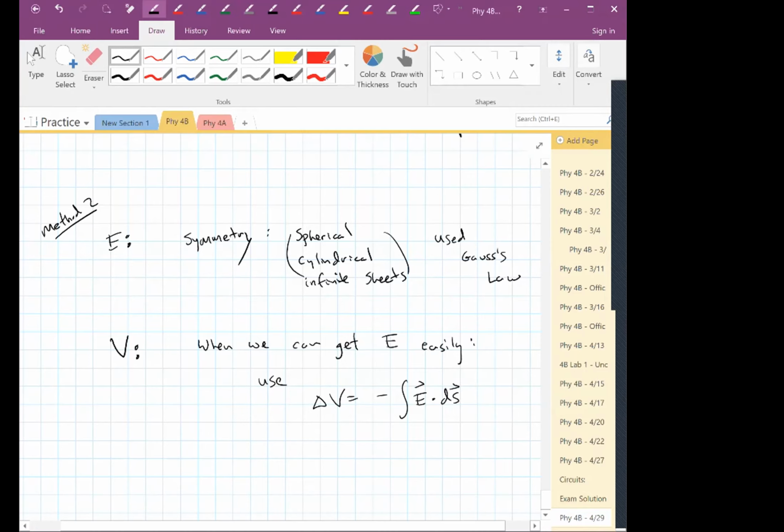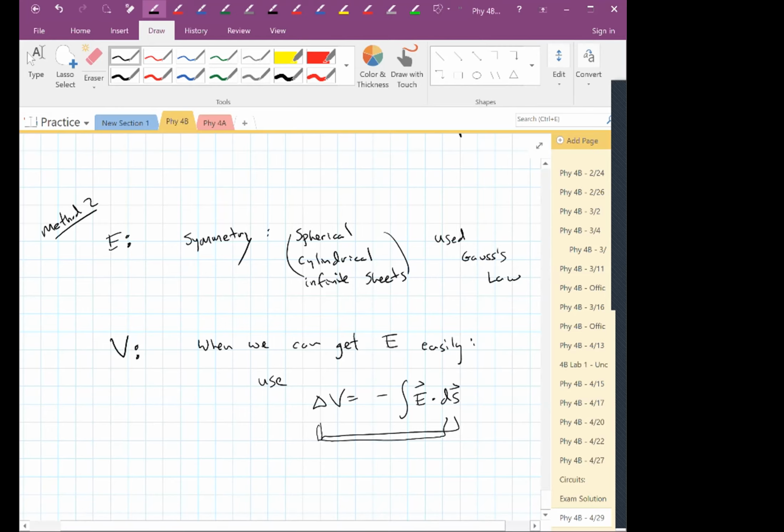This equation gives us delta V, not V. This equation does not assume V is 0 anywhere. So if you're given this technique, usually so that everybody in the class has the same answer, I would tell you where to take V equals 0. Otherwise, as long as all the delta V's were correct, we could all have different answers and still be correct.